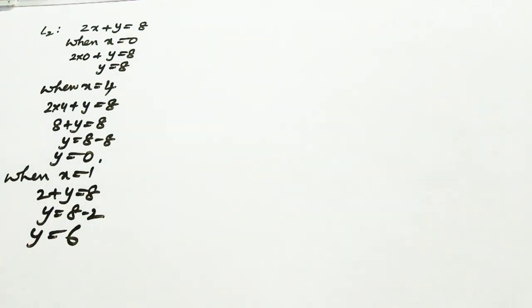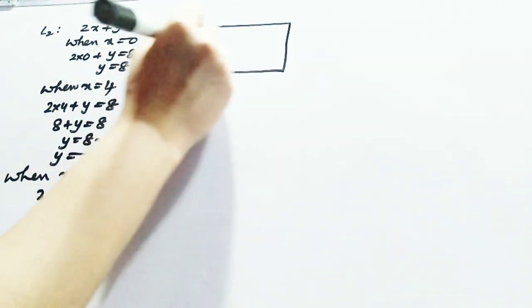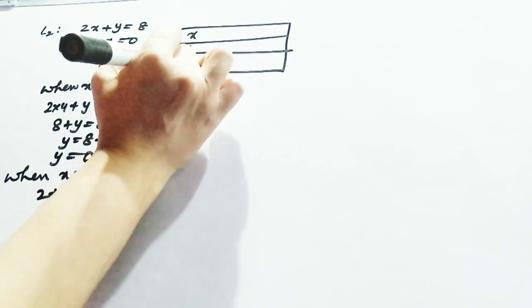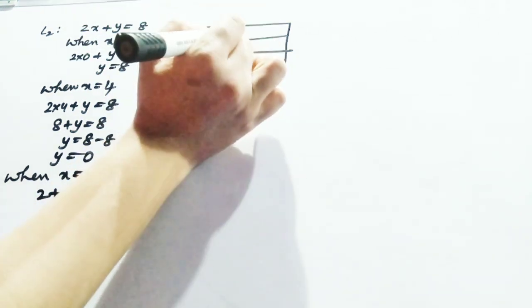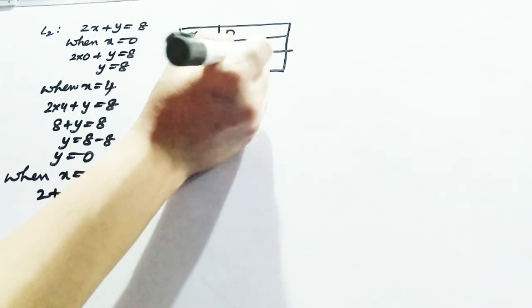You can take 1 also instead of writing 4. Just tabulate the coordinates: x, y, x comma y. If x is 0, what is your y? y is 8, so 0 comma 8.